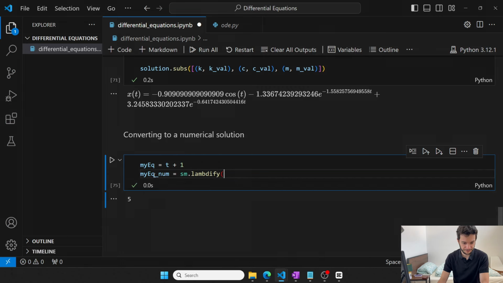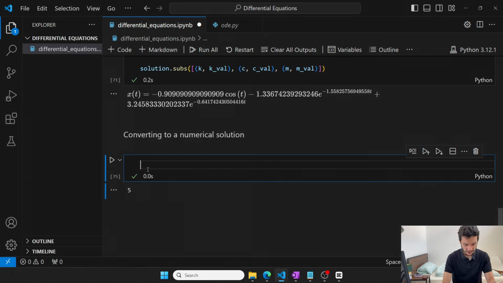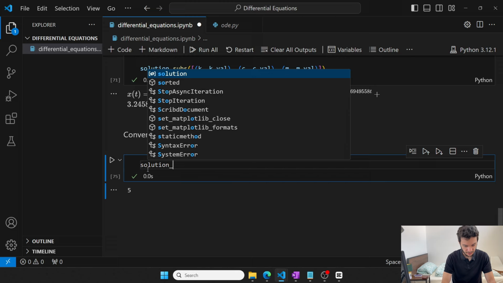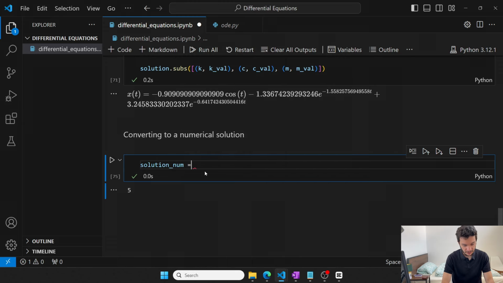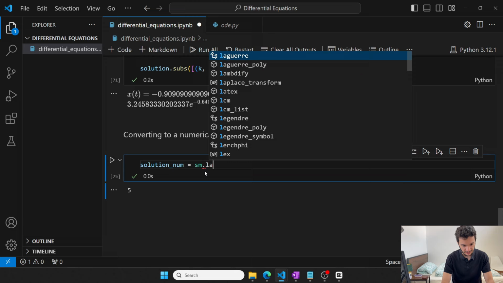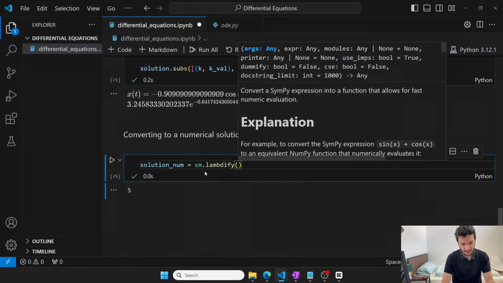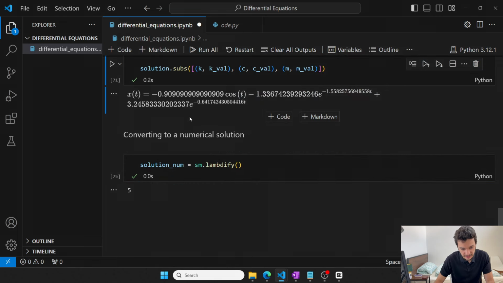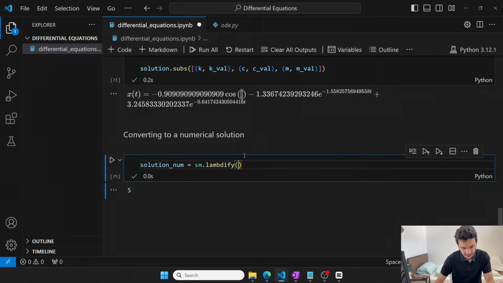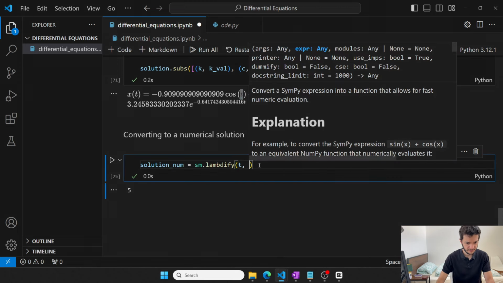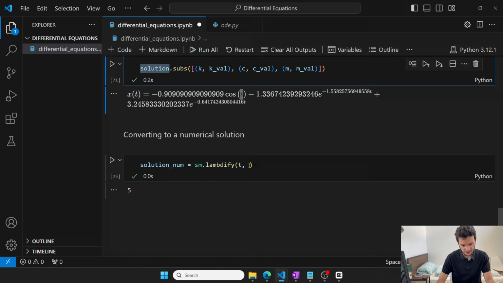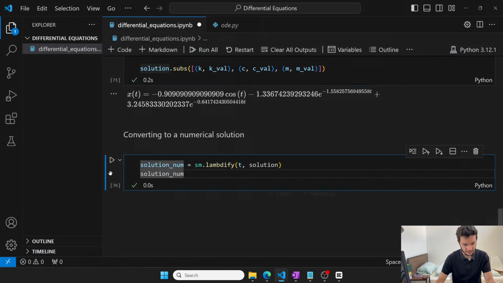Now, similarly, we say our solution_numerical will be equal to sm.lambdify. We specify the arguments here. In this case, the only thing it depends on is this t variable. So I specify t, and you want to convert this solution. If I run this, you'll see that we get our numerical solution.